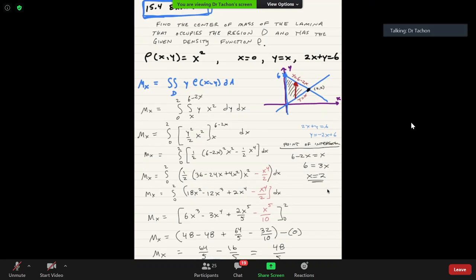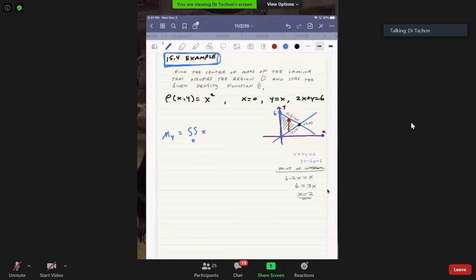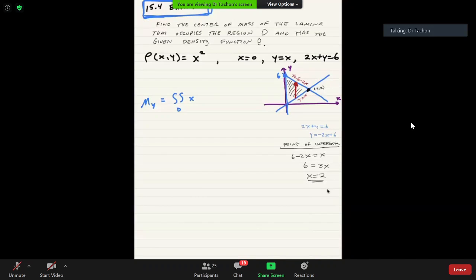Let's find our next piece now. We want the moment with respect to y, is what they call it. So it's your double integral, but it's going to be the distance from the y-axis times our density, dA.